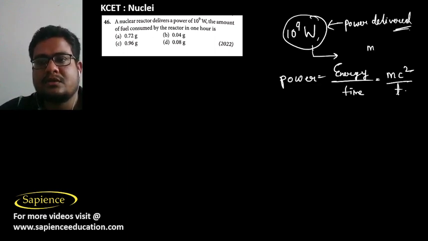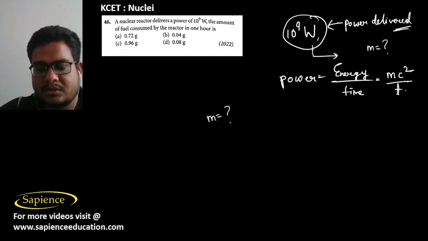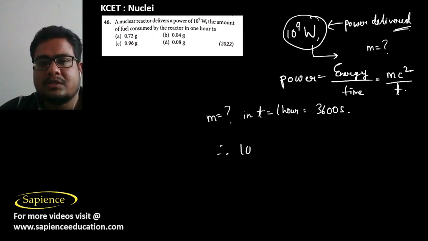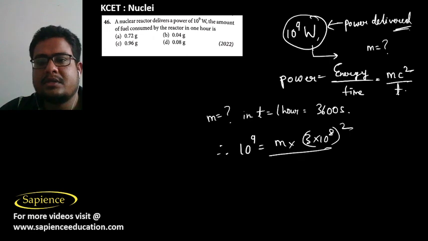We have to find out the m, how much mass of fuel is consumed in 1 hour, when time is 1 hour, which is 3600 seconds. So the power 10 power 9 watt is equal to mc square by time, where c is 3 into 10 power 8, whole square, divided by 3600 seconds.